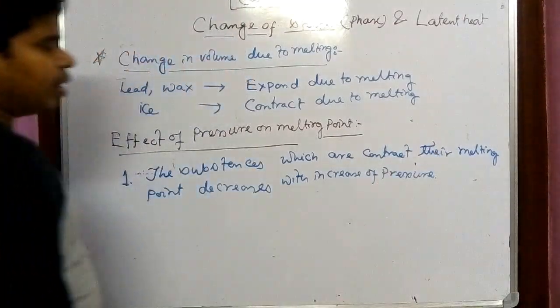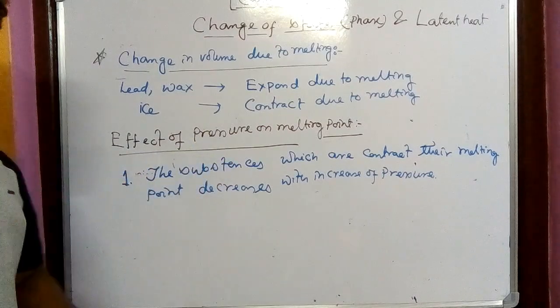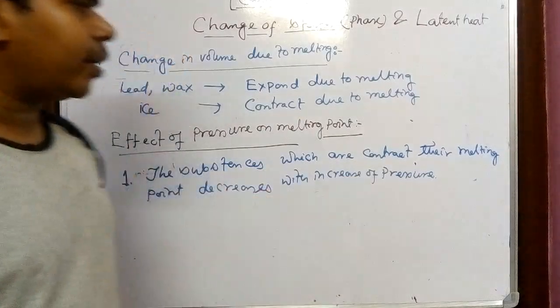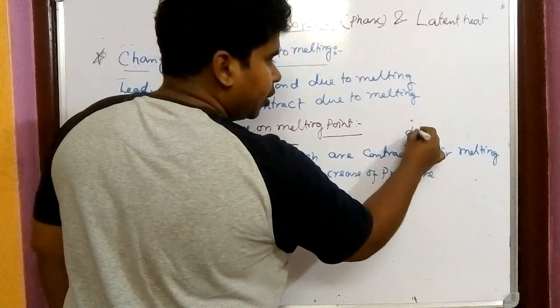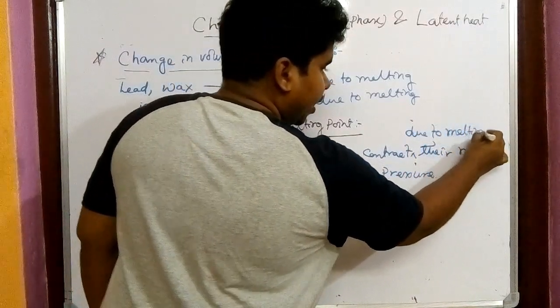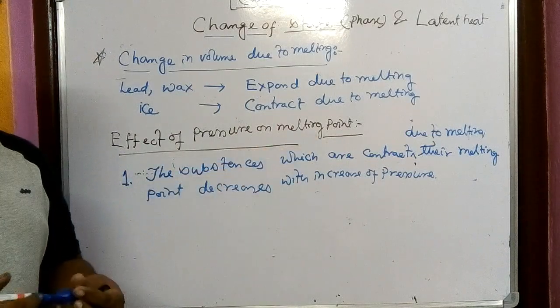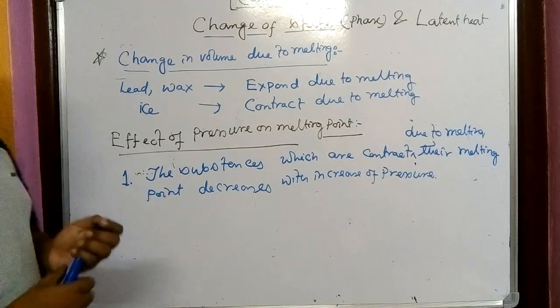What I have told you. As we have seen, some substances contract due to melting. Their melting point decreases with the increase of pressure. If you increase pressure on them, their melting point will decrease.